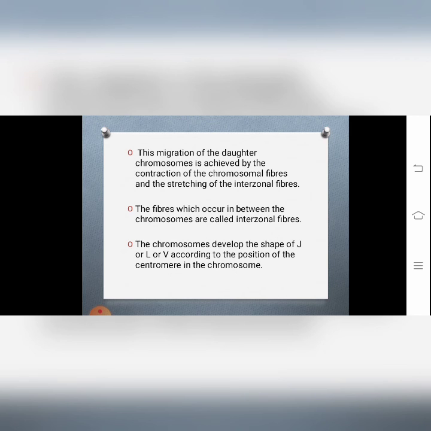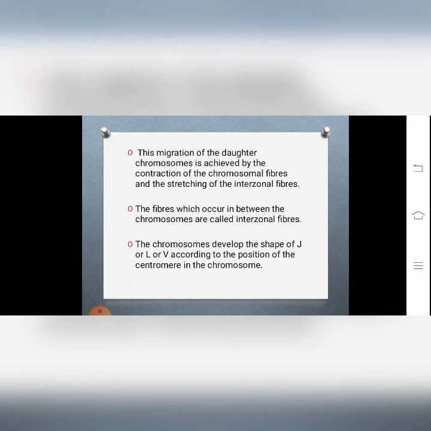This migration of daughter chromosomes is achieved by the contraction of the chromosomal spindle fiber and the stretching of the interzonal fiber. The fibers which occur between the chromosomes are called interzonal fibers. And the last point is, the chromosomes develop the shape of J, L, V or K according to the position of the centromere in the chromosome.